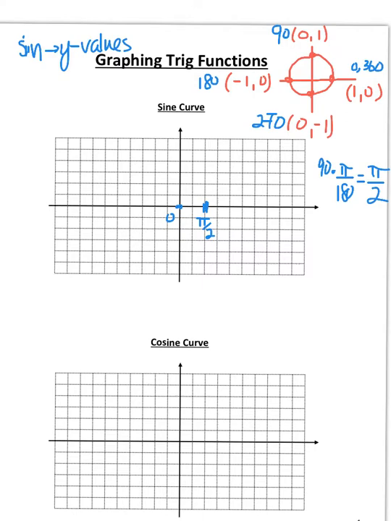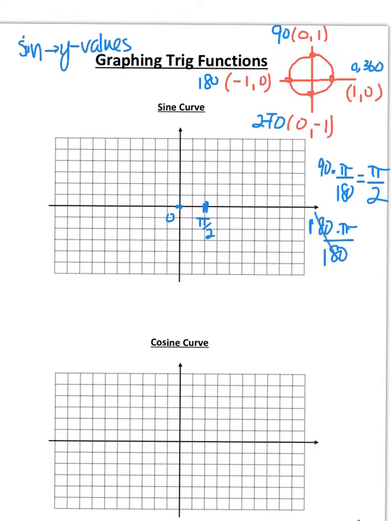So then what we're going to do now is rotate another 90 degrees. So we just went from 0 to 90. Now we're going to rotate again another 90 degrees in the counterclockwise direction, which is going to bring us to 180 degrees. Now again, we don't want that in degree mode, so we are going to take 180 and multiply that by pi over 180.